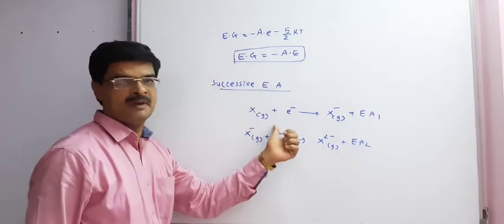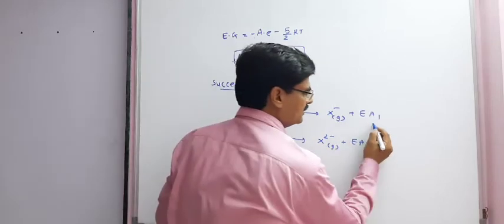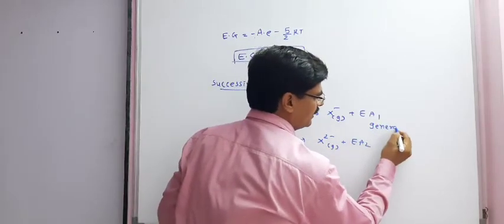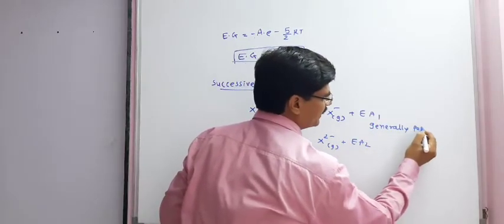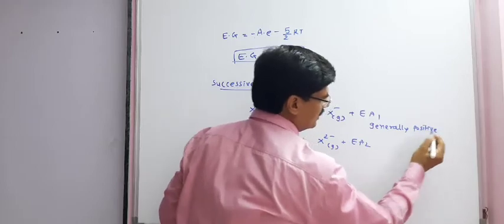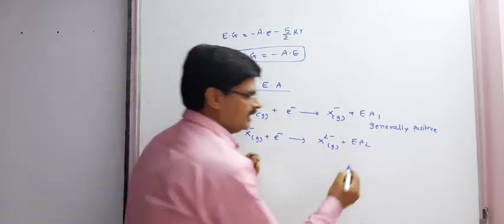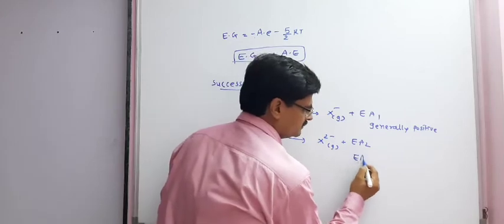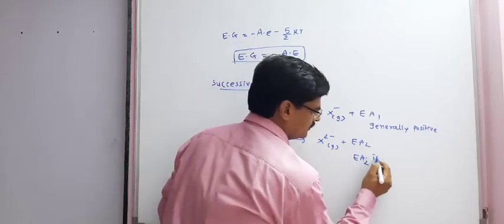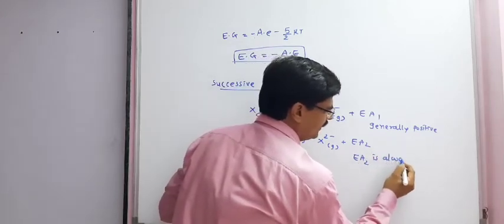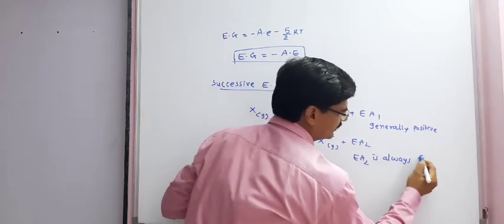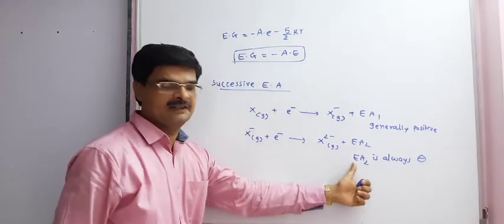But here we have to remember EA1 is generally positive, but EA2 is always negative. Why is it negative?